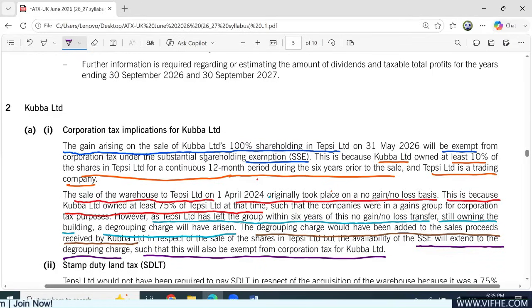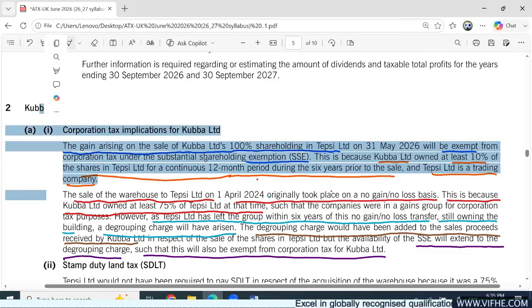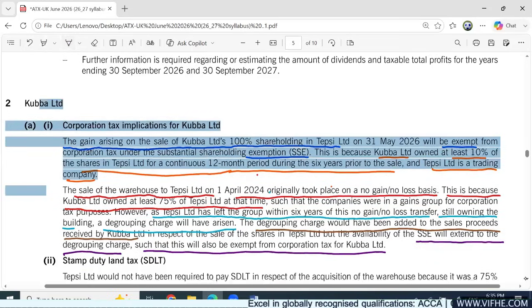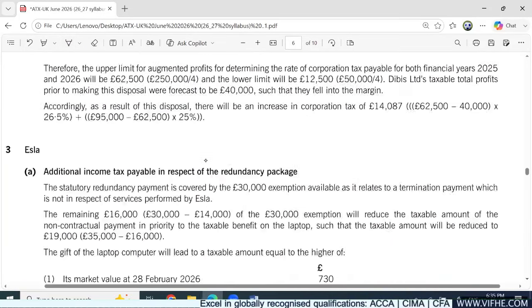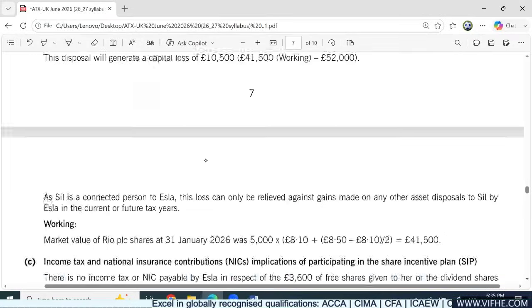So by using different colors, I have emphasized how you could turn this into 6 valid points. Okay, let me take you to the marking scheme as well. This is one more thing to which I would like to draw your attention.